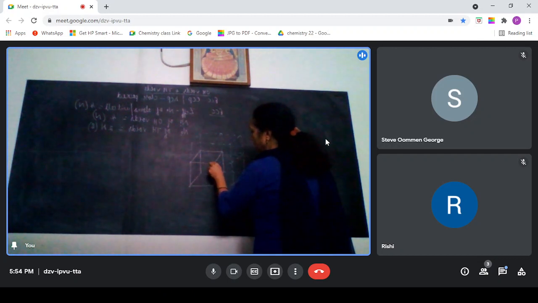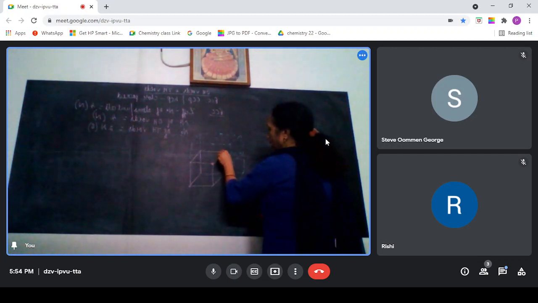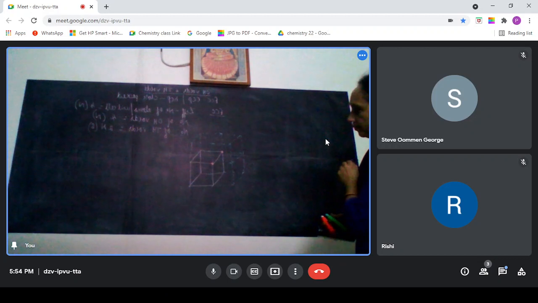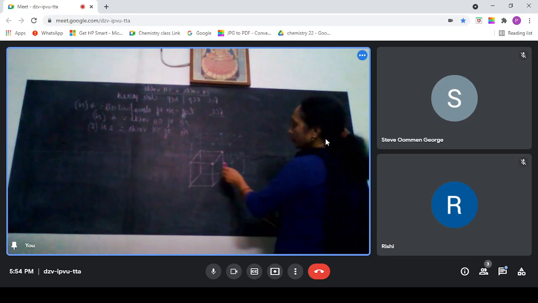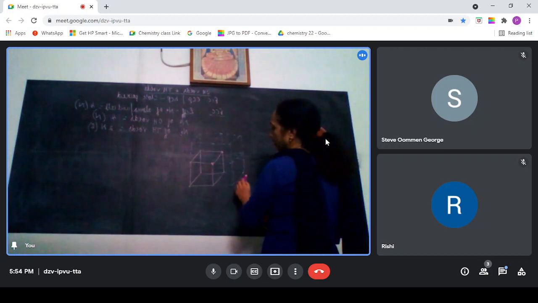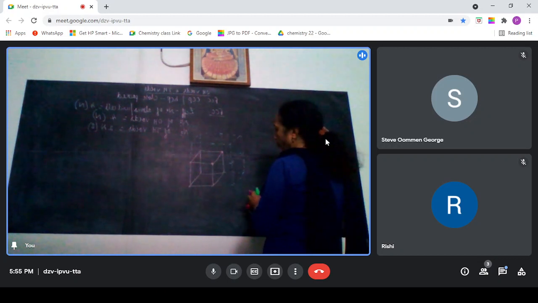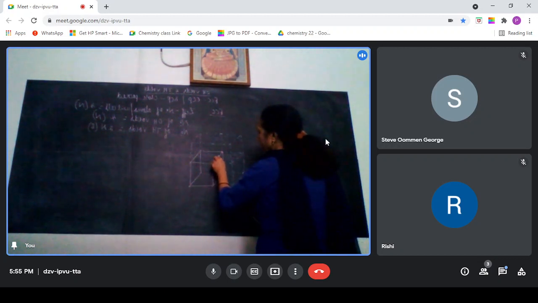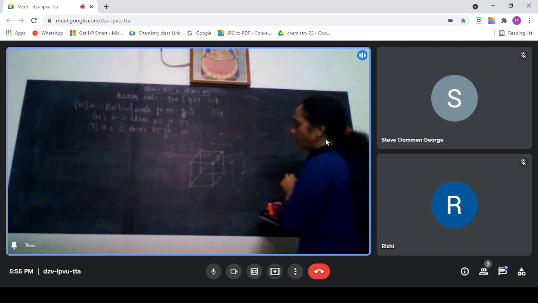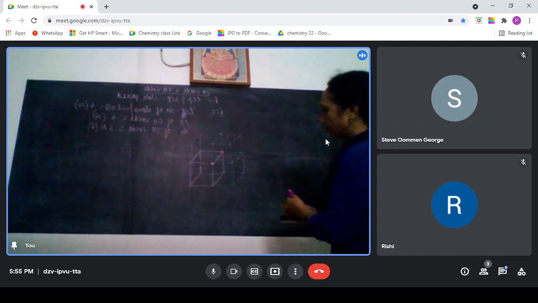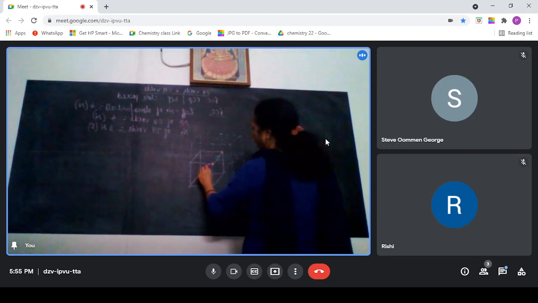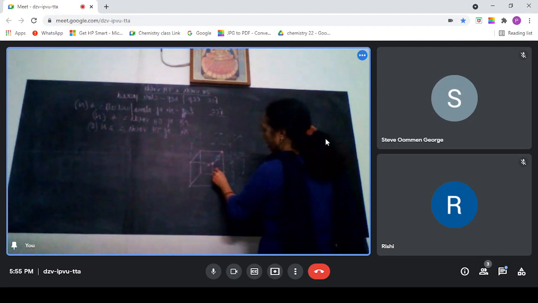Now, you have one atom here, another atom here. Okay? When you have 2 atoms over here, the void is created here. How a void is created here, I will show you now. You will have one face-centered particle of this face and one face-centered particle here.